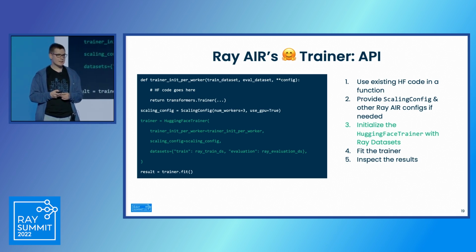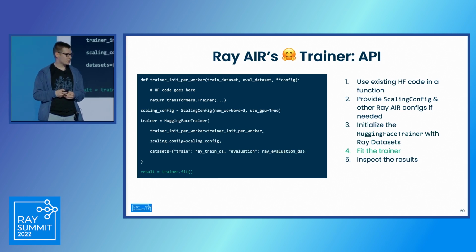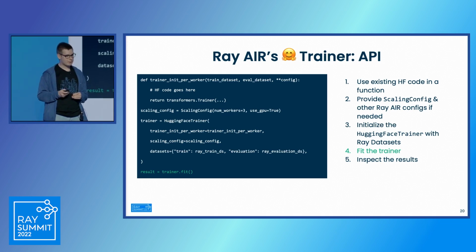Ray datasets take care of transferring the data between nodes and allow you to, for example, use datasets that are bigger than the memory of one node or even bigger than the memory of an entire cluster. And at the end, we simply call fit on our trainer, and we obtain a results object which we can inspect, get the best checkpoint from, and carry on to the next step of our machine learning pipeline.